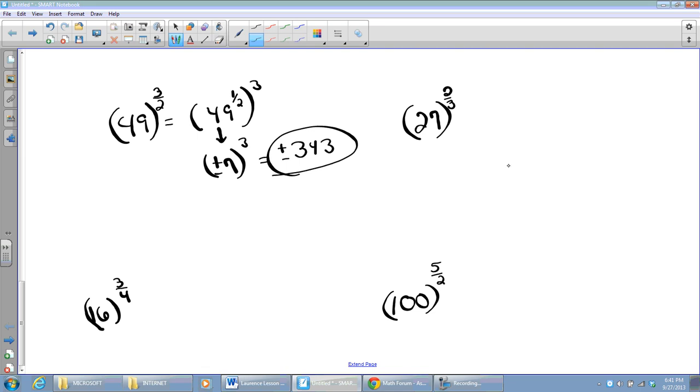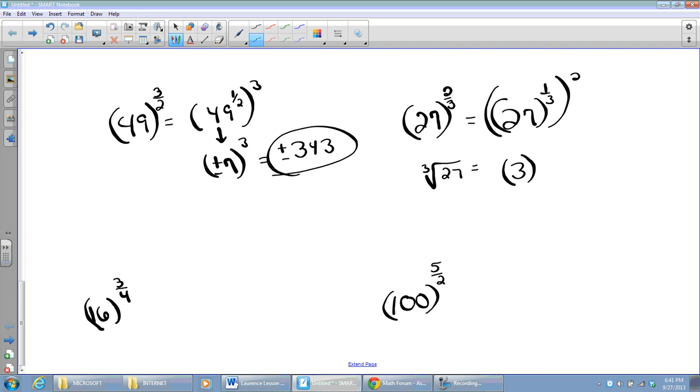Okay, on this one, 2/3 power. Well, I'm going to think of that as 27 to the 1/3 power, and then I'm going to square that answer. Well, the cube root of 27, what number times itself again equals 27, should be catching on. That, of course, is 3.